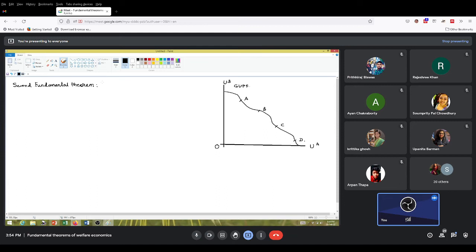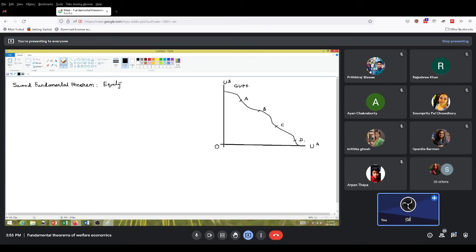Now the question comes that, okay, you have the largest possible cake, how to divide this between A and B equitably. And look, equity doesn't mean equality, as I've said repeatedly, it relates to a notion of fairness. What this notion is, I'm not going into it right now. So the second fundamental theorem relates to equity.